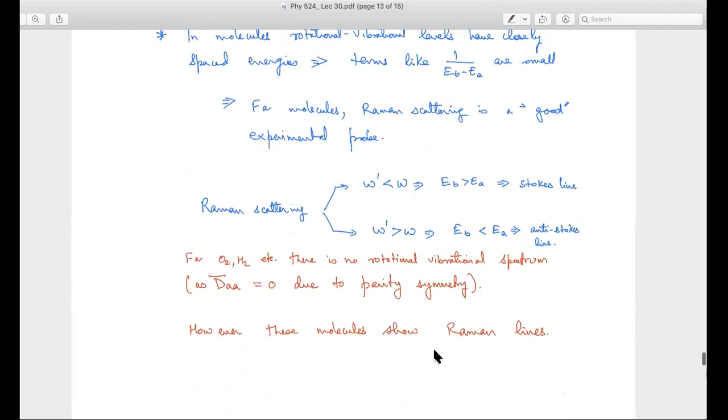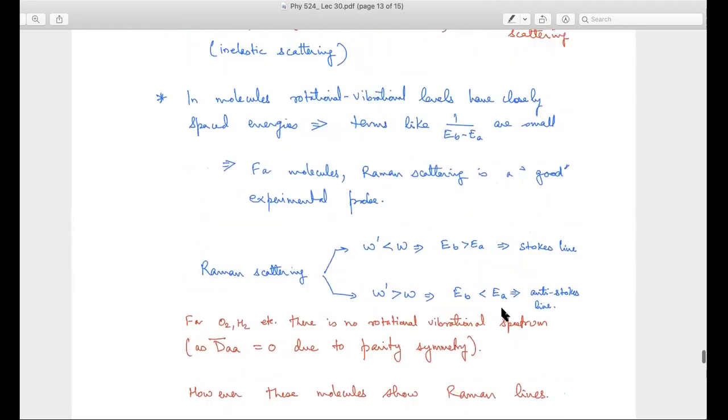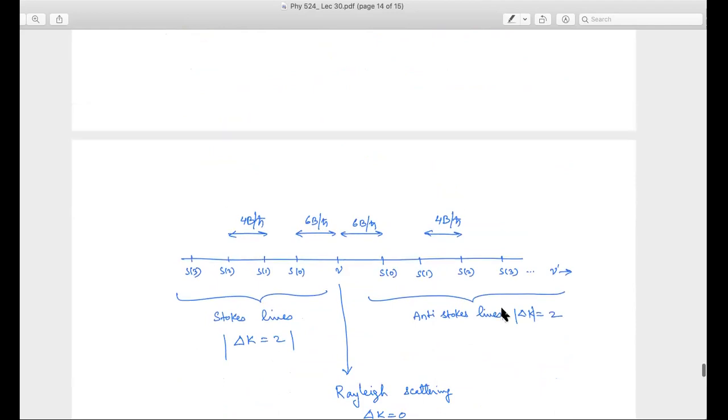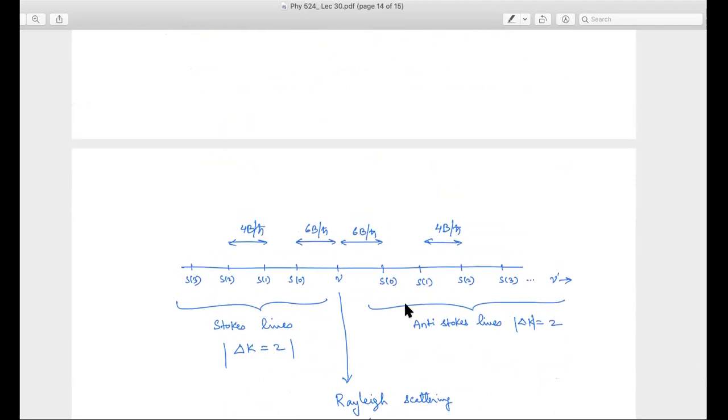Okay, so that's all I have here today, and we'll stop here. This is just Raman scattering for the rotational degrees of freedom. So I'm not even doing vibrational transitions. I'm just sitting at some energy level h nu, and then doing a transition in the rotational degrees of freedom here.